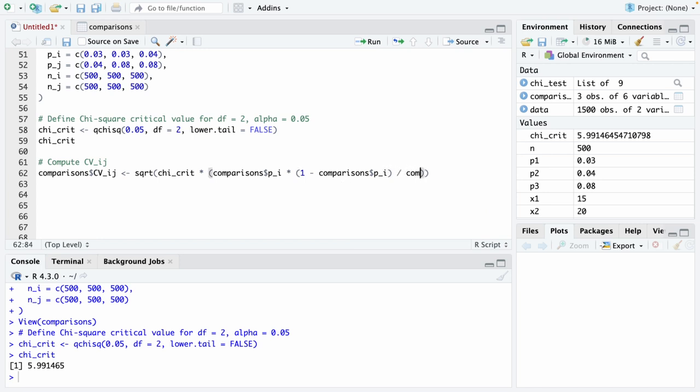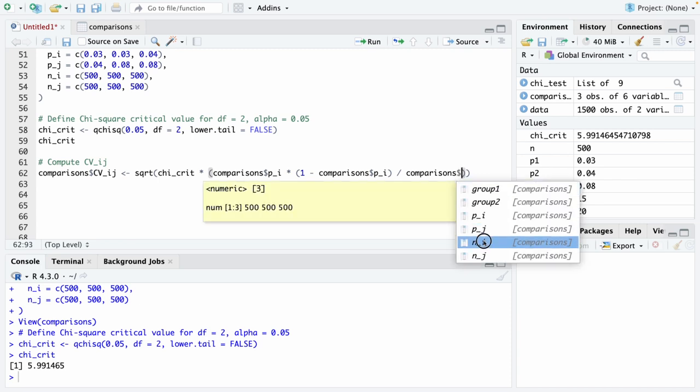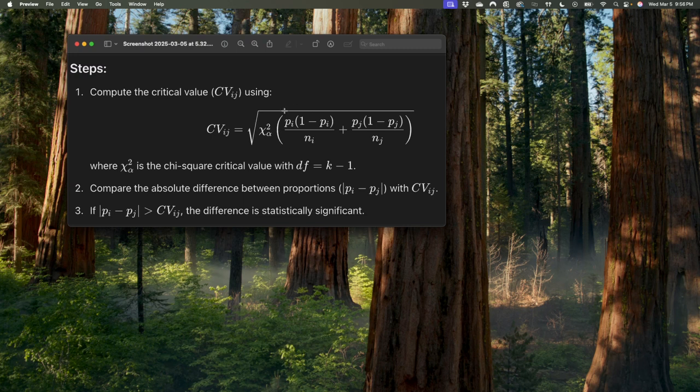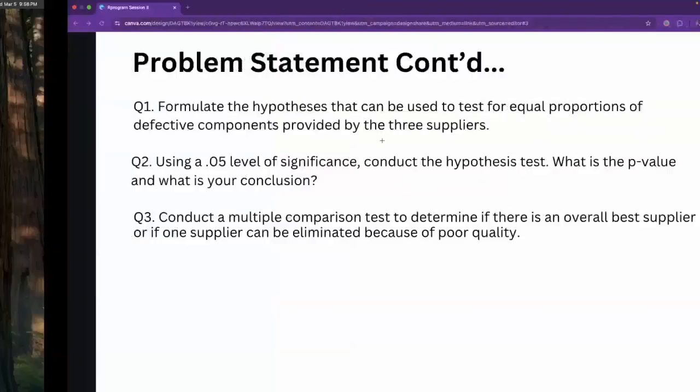And then divided by comparisons of NI. So basically what I've just done is to write just this first part of the equation here, this first part, all the PI, right? Now the next one will be the PJ, right? And we should be done.